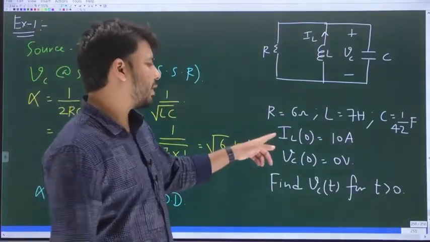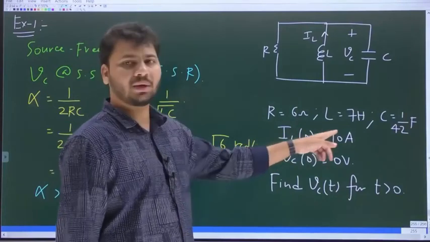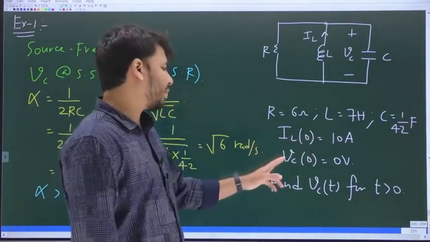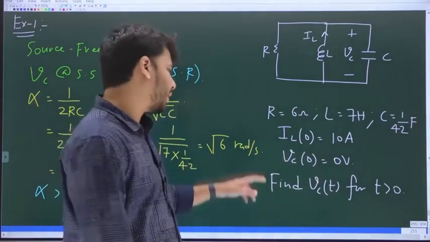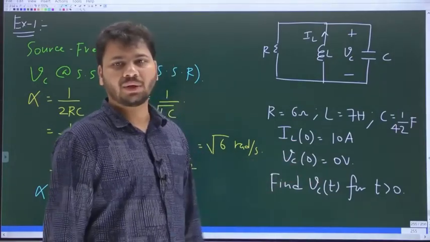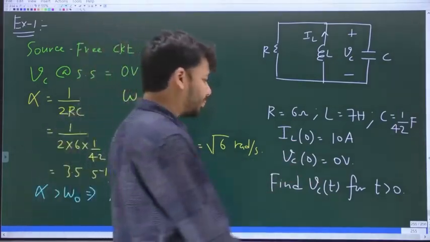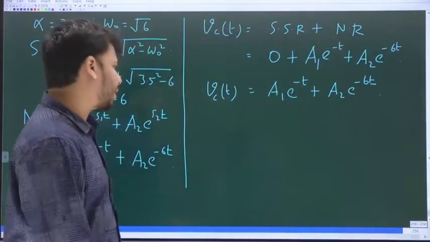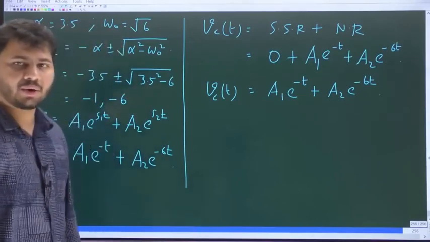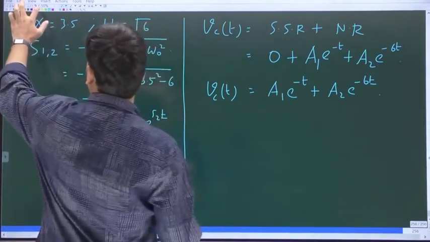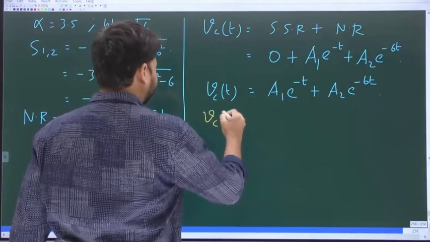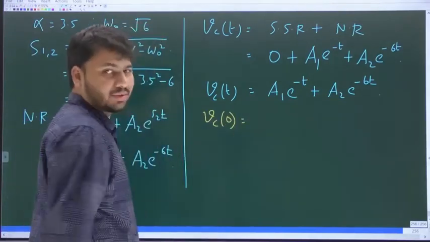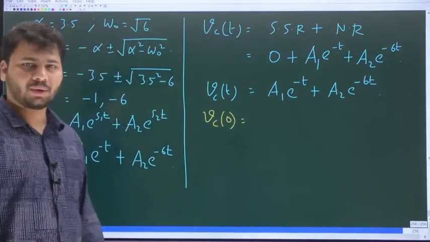What is the first initial condition? Initial current through the inductor is 10 amps. Initial voltage across the capacitor is 0. This Vc of 0 equal to 0 can be directly used because we have the expression for Vc of t. You substitute t equal to 0.